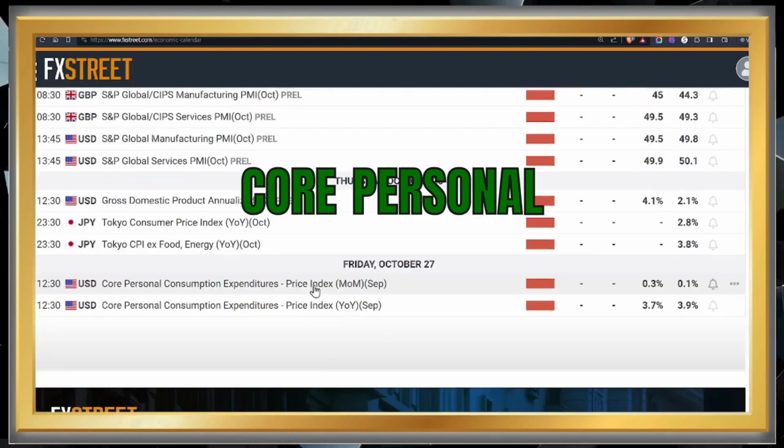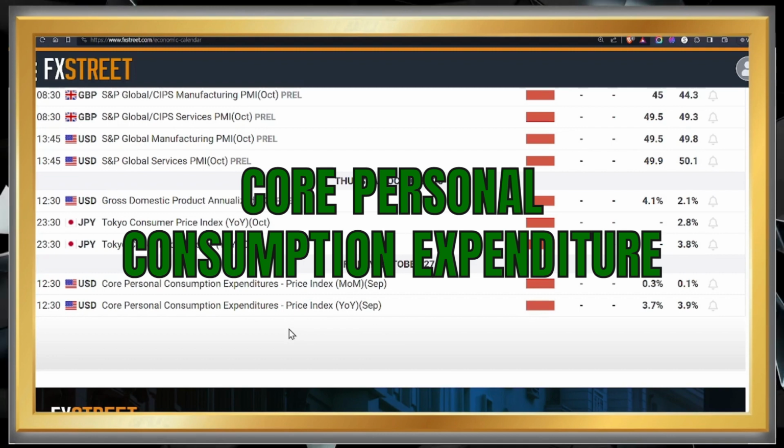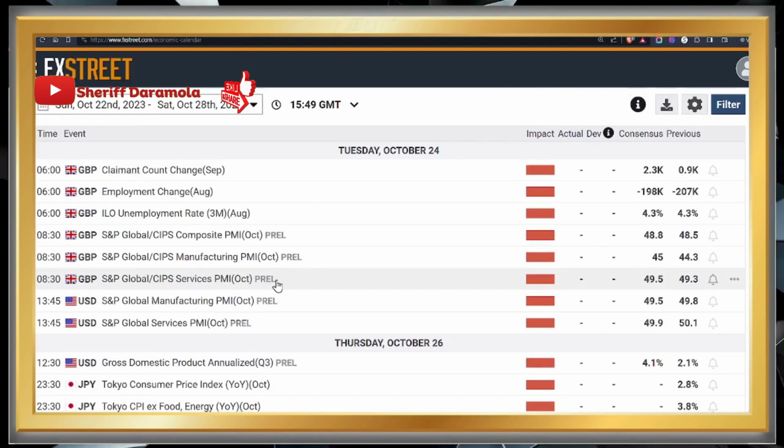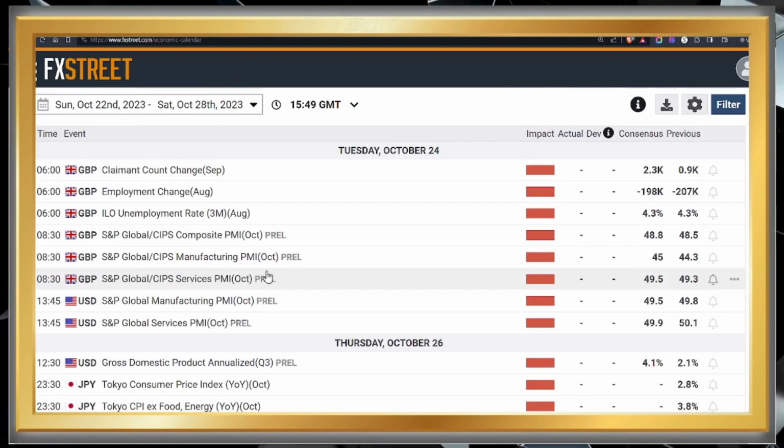Then on Friday, October 27, we have the core personal consumption expenditure, which measures inflation by excluding volatile food and energy prices, and of course offering insight into the overall price trend. So these are the events we are going to be looking forward to, and of course, as technical traders, we do know that the anticipation of this event alone has a tendency of influencing the market sentiments.